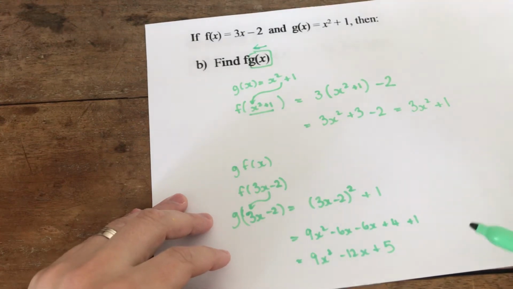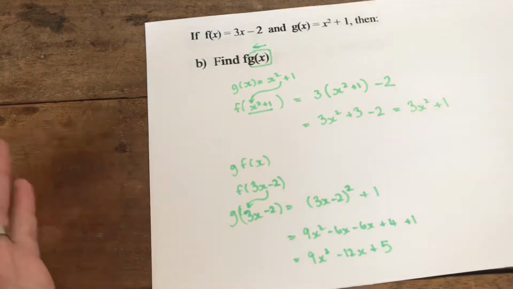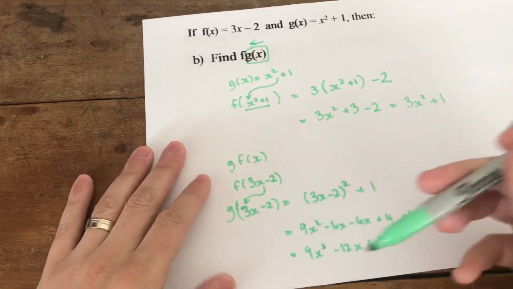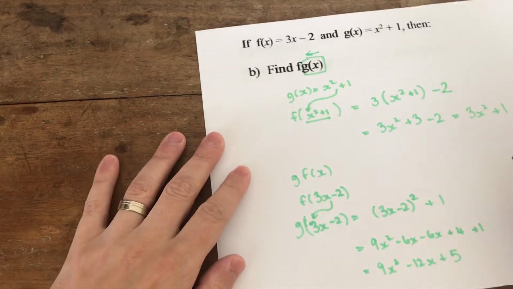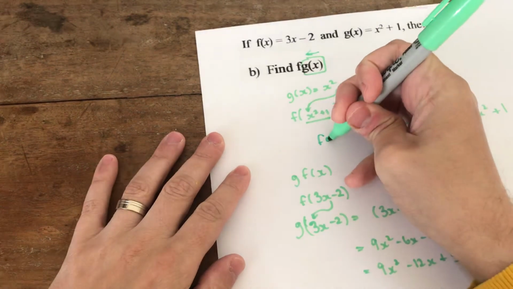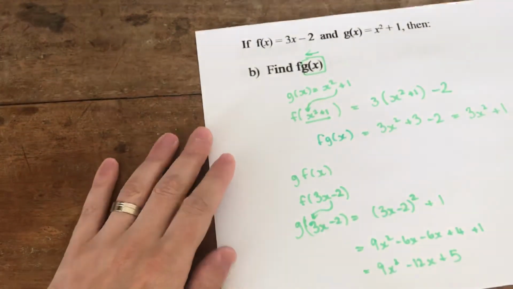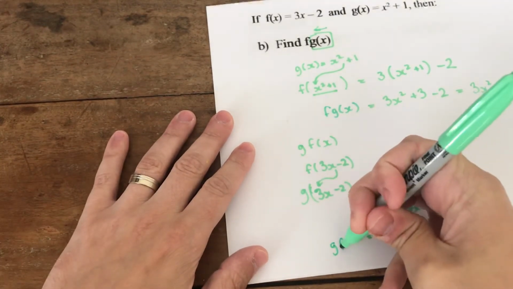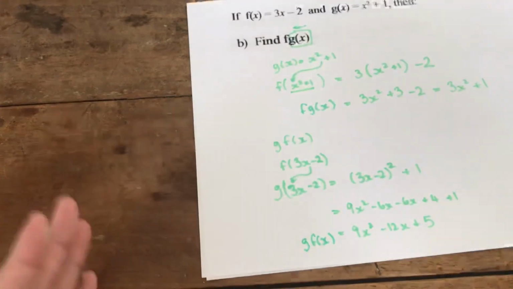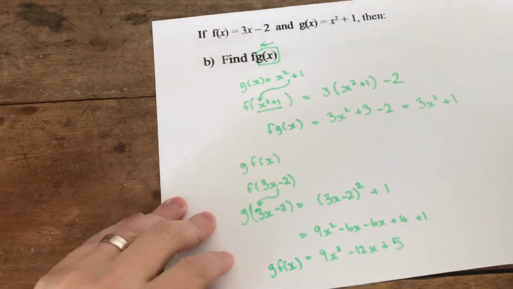The other thing to be aware of, the word composite function means putting the functions together. My final answer for this is going to be fg of x. So that's my composite function. My final answer for this one here is going to be g f of x. So that's my composite function.